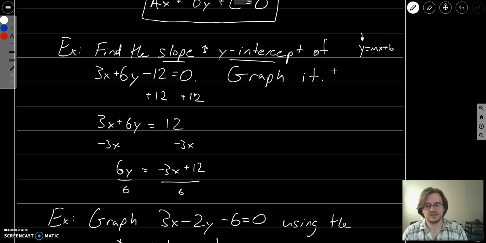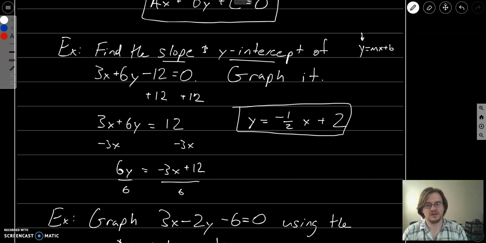To get the final equation, y is equal to negative, so 3 divided by 6 is 1/2, times x, plus, and then 12 divided by 6 is 2. So here we've got our nice equation. y is equal to negative 1/2 x plus 2.